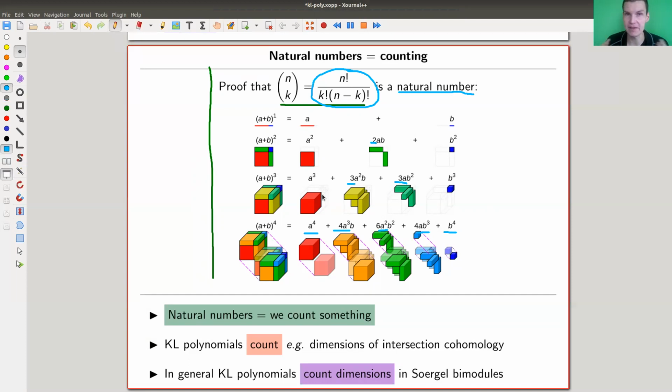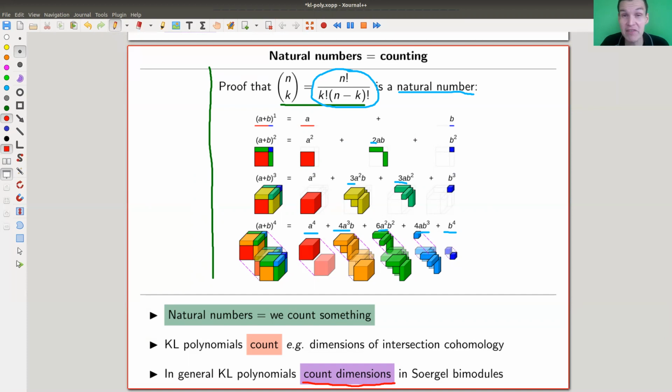They count something. That's kind of the idea of natural numbers. Natural numbers count. And you do kind of the same for Kazhdan-Lusztig polynomials, just what you count is much harder. So the point of how this was proven after 30 years is you can make sure that they count dimensions in a certain type of category, if you like that word, in a certain mathematical object.